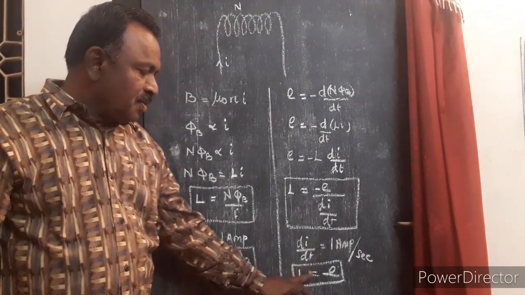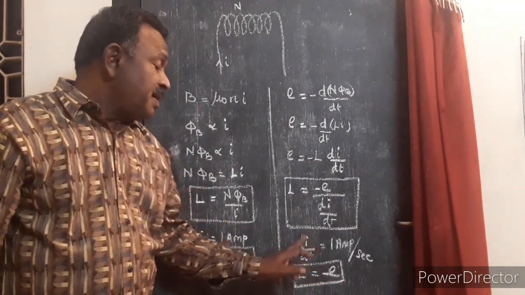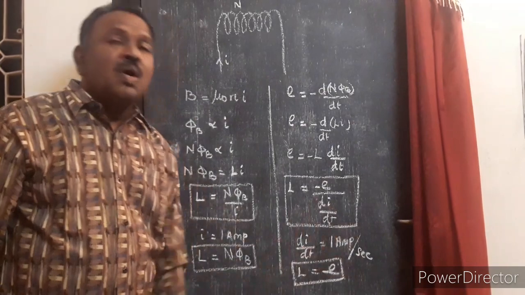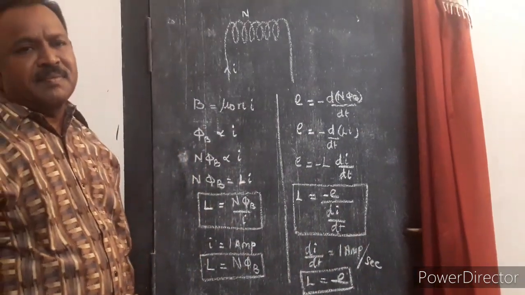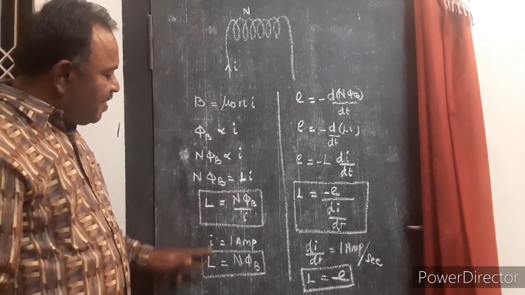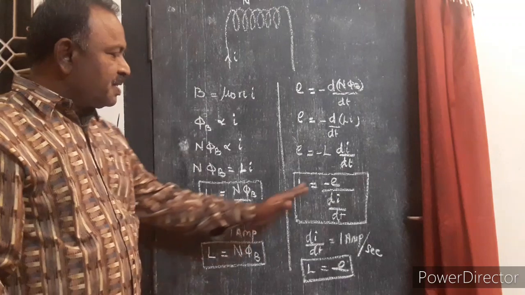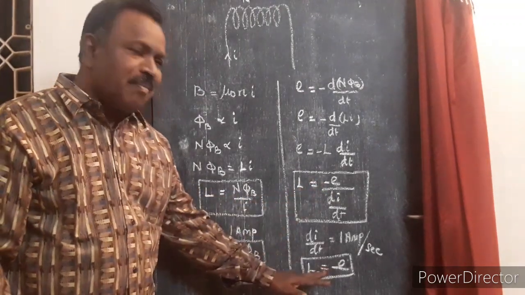Self-inductance is equal to the opposing EMF induced in the coil when the rate of change of current in the coil is 1 ampere per second. So we can define self-inductance in different ways, in terms of flux linkage, in terms of induced EMF.